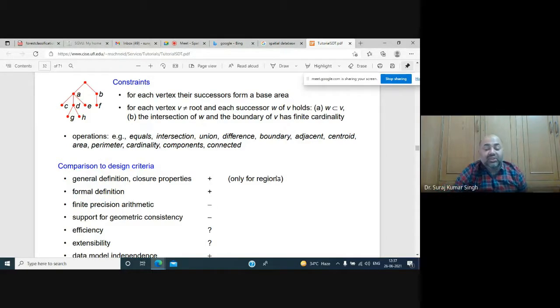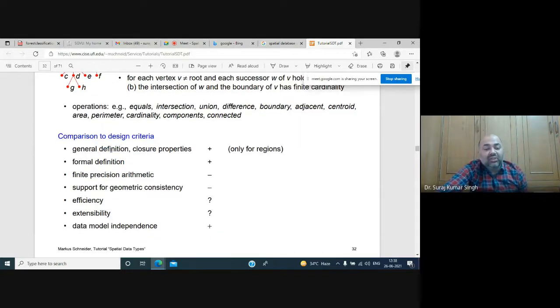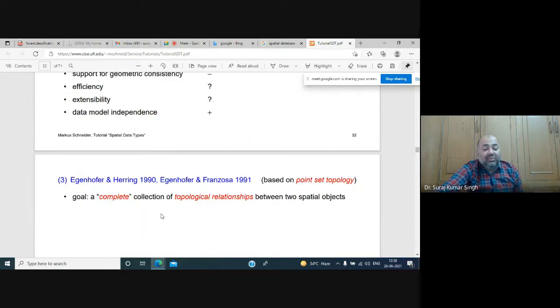So the operations that we are performing are equals, intersection, union, difference, boundary, adjacent, centroid, area, perimeter, components connected. So the comparison of various basic designs: general definition, closure properties, formal definition, no finite precision arithmetic, no support for geometrical consistency, efficiency is a question mark, extensibility is a question mark, data model independence is available.